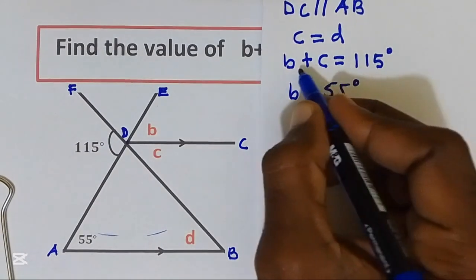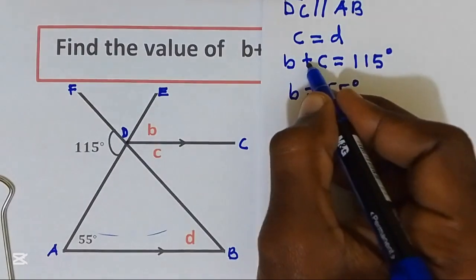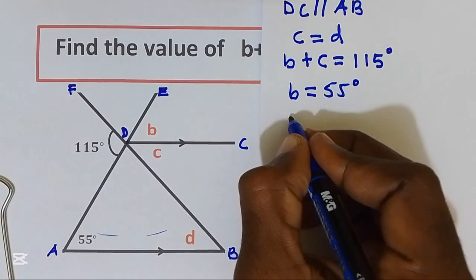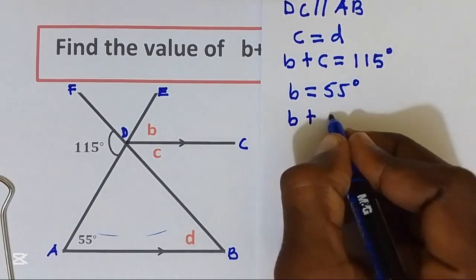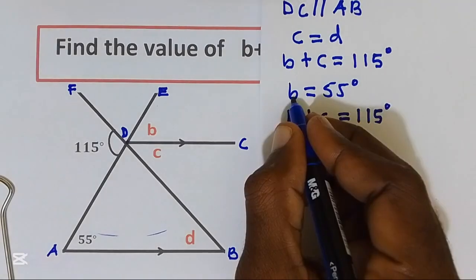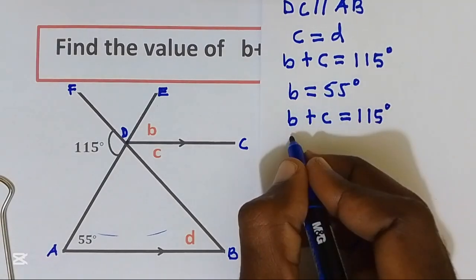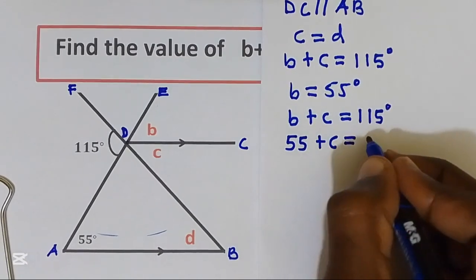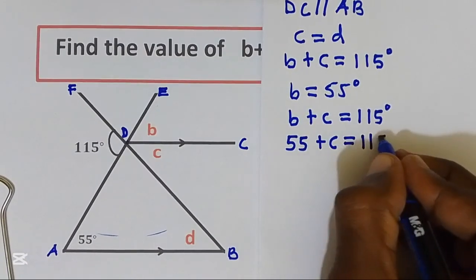Now we can use this equation, B plus C equal to 115, to get C. B plus C is equal to 115 degrees, but B equals 55. So 55 plus C is equal to 115.